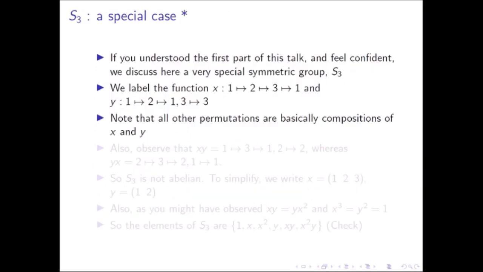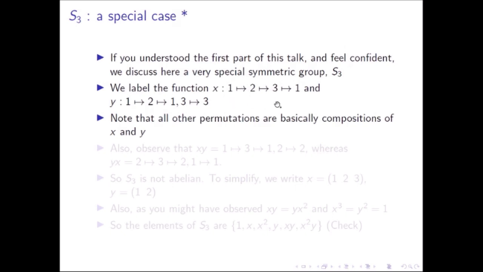So we look at a special symmetric group, the easiest one. Firstly, note that S2 has size 2, and you can show that S2 is cyclic, and S1 has size 1, so it's of no interest. So S3 is our first symmetric group which is of interest, and it's the easiest one. We label two functions over here. X is basically 1 goes to 2, 2 goes to 3, 3 goes to 1.